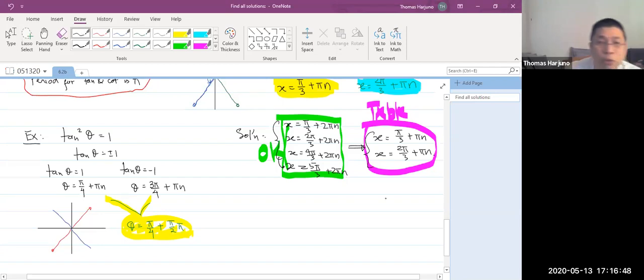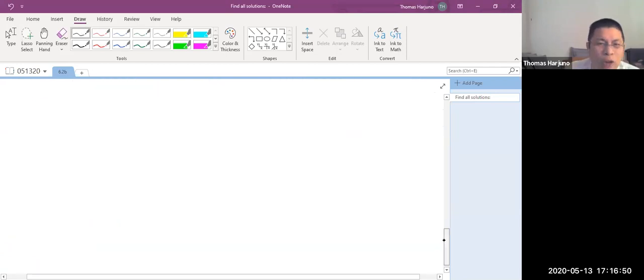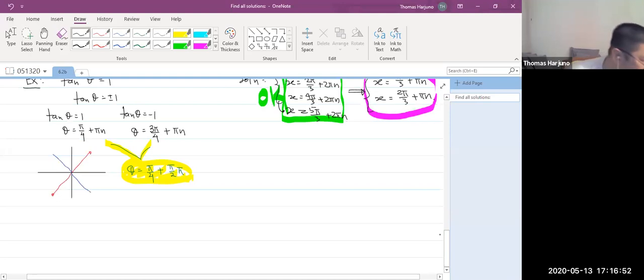Now let's do something more complicated. Not that much more complicated, just a bit more. Let's say number 34: 2 cosine squared x plus sine x is equal to 1.